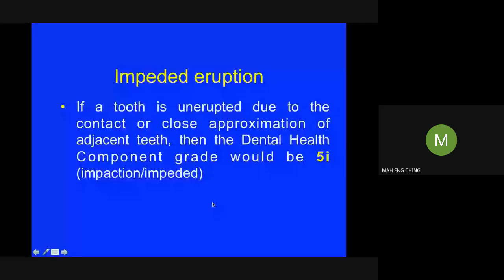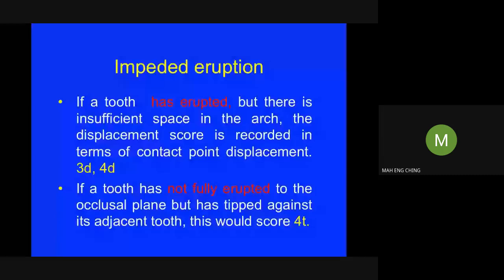If they're erupted and not stuck, we give them displacement, 3D or 4D, which is crowding. But if they are stuck and causing tipping of the other teeth against the other teeth, then we give them 4T rather than 5I. So 5I must be totally invisible. If the impacted tooth comes out slightly but is tipped against the adjacent tooth, we give them 4T.